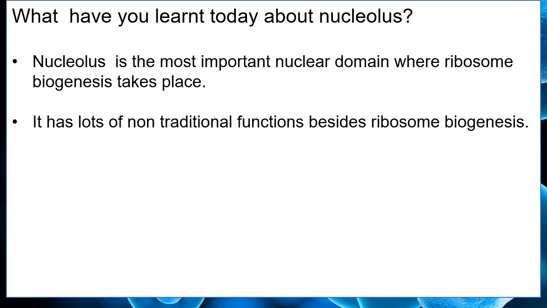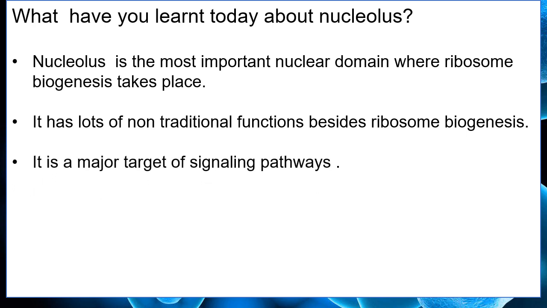Though ribosome biogenesis is the main function of the nucleolus, it has some other non-traditional functions also. It helps in the regulation of the cell cycle, and it helps in the processing of transfer RNA, messenger RNA, etc. The nucleolus is a major target of signaling pathways, as it can lead to the activation of the p53 signaling pathway during nucleolar stress.